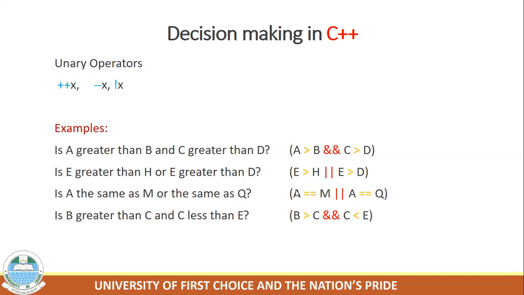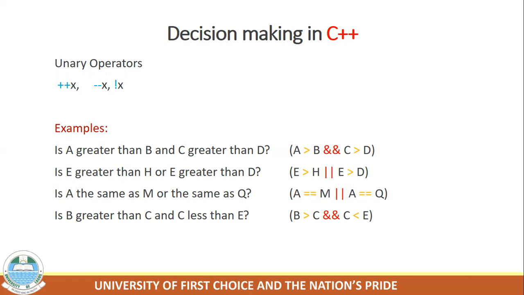So is A the same, that is to say equal to? If you want to write in C++ and compare if A is equal to M, you use the double equal to sign, because a single equal to means assignment.